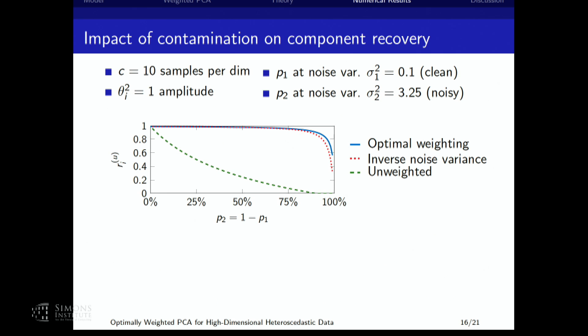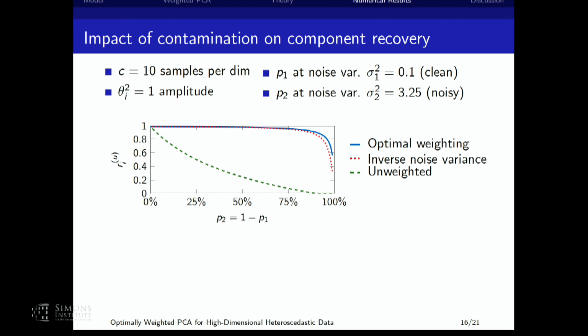Here's another conclusion that we could draw using the theory that we have. So here I'm showing a data set where I'm running PCA on it and letting the proportions change. So over here I have only data which has a very small amount of noise, in this case again 0.1, and on the right hand side I have only data that has a very large amount of noise, 3.25 with a 1 amplitude.